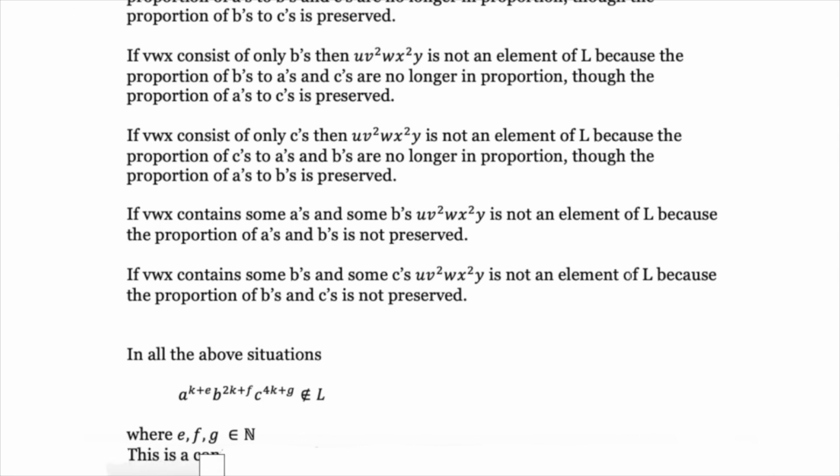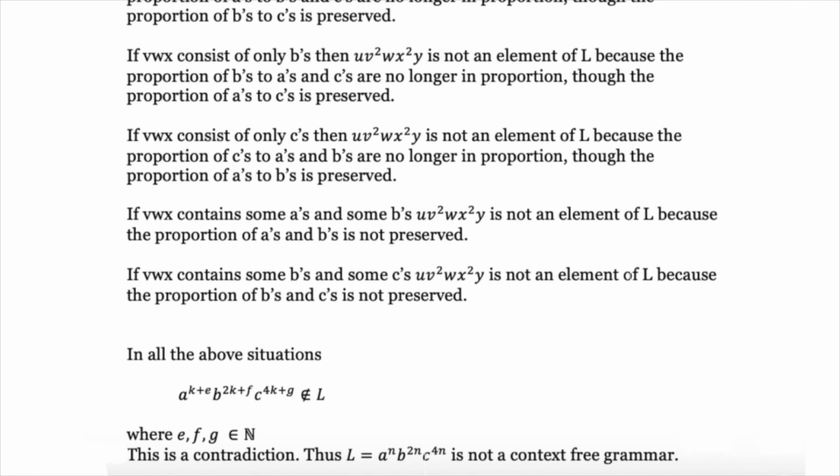If v and x is instead decomposed in such a way that they consist of only a's, b's, or c's, pumping such a word will result in a word of the form a to the k plus e, b to the 2k plus f, c to the 4k plus g, where e, f, and g are natural numbers, and at least one of them has to be a value that is not 0, and words of this form will not be part of this language, because at least one of these blocks of letters will now not be in proportion to the other 2 blocks.